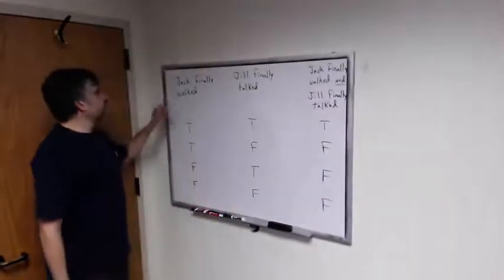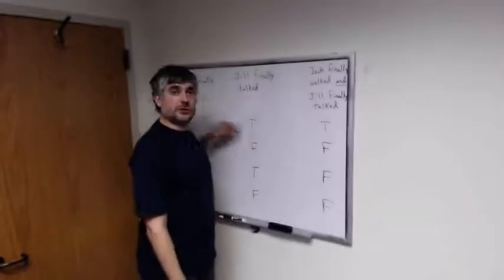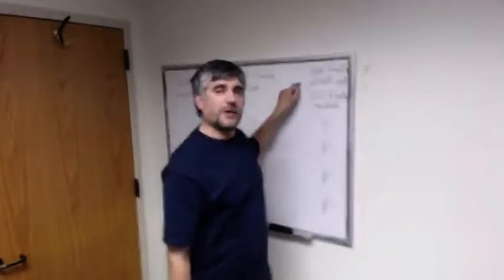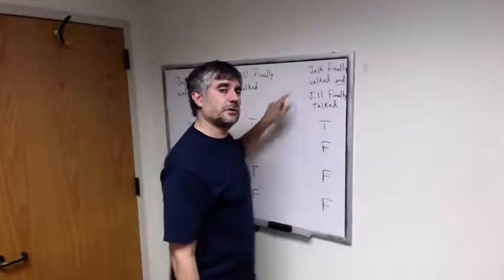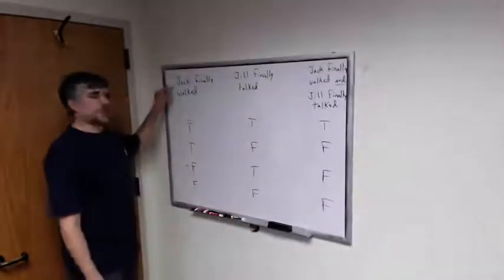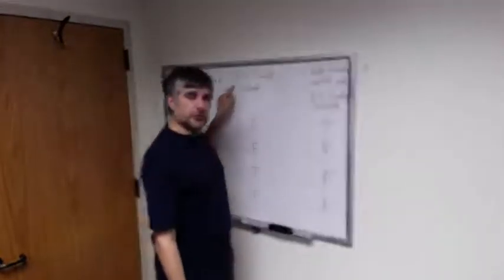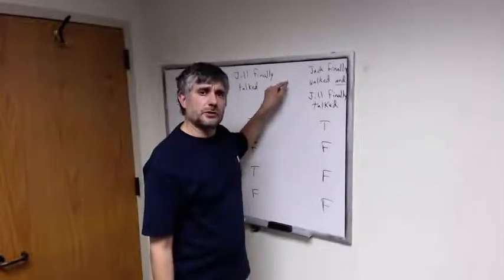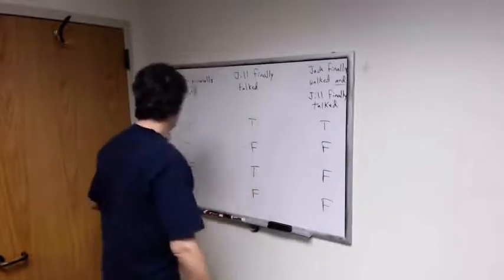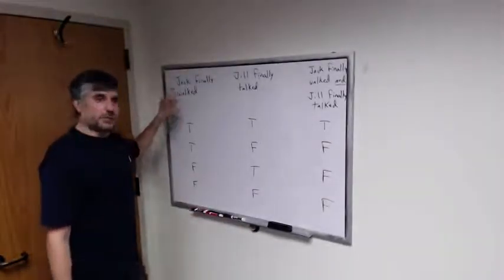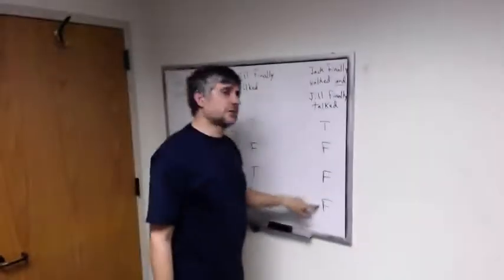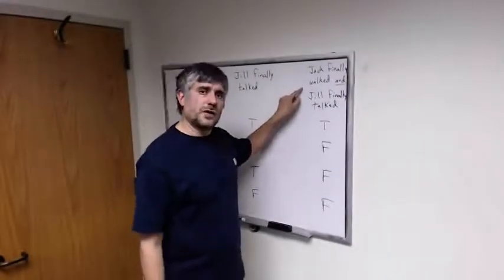If it's true that Jack finally walked, but it's false that Jill finally talked, then it's going to be false that Jack finally walked and Jill finally talked. If it's false that Jack finally walked, but it's true that Jill finally talked, then it's going to be false that Jack finally walked and Jill finally talked. And if it's false that Jack finally walked and it's false that Jill finally talked, then it's going to be false that Jack finally walked and Jill finally talked.